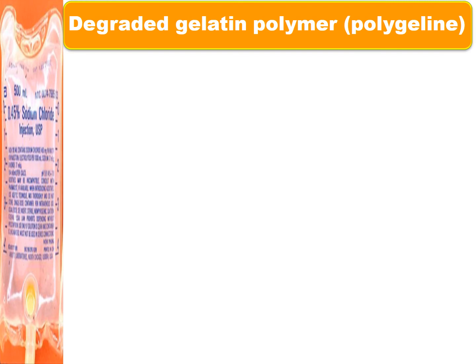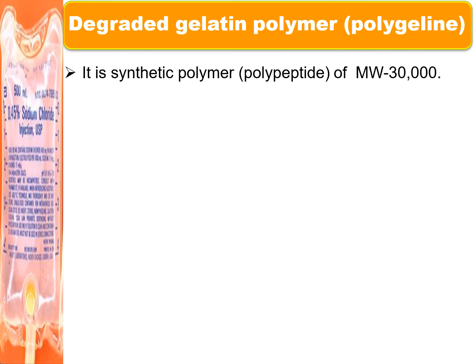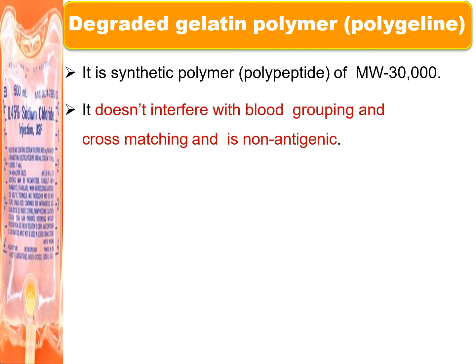Then let us discuss another choice of preparation as a plasma volume expander, that is the degraded gelatin polymer or polygeline. Polygeline is a synthetic polymer or polypeptide of molecular weight 30,000. Polygeline doesn't interfere with blood grouping and cross matching and is also non-antigenic.